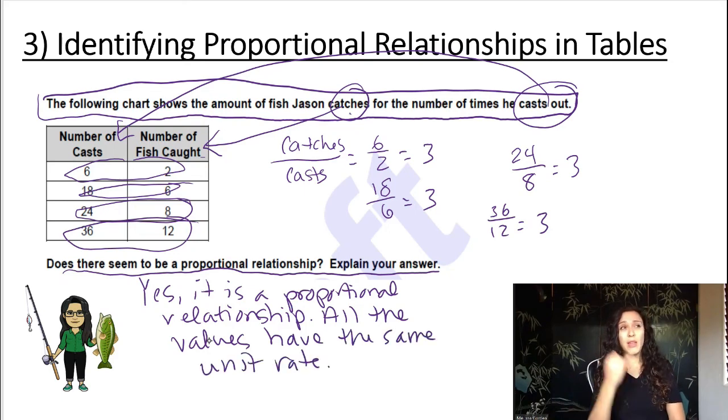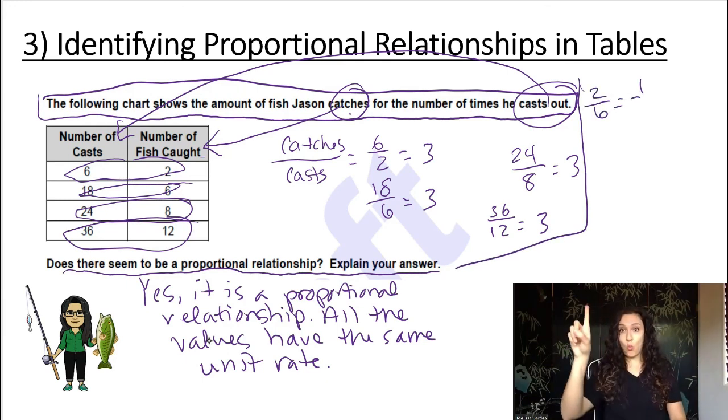Even if you did 2 over 6 and got 1/3 as your answer, you would still be correct in knowing that it's a proportional relationship, because the question just says, is there a proportional relationship? It didn't say that you had to do it in a certain order. Just to clarify, if you had done it the other way, 2/6, the answer would be 1/3.